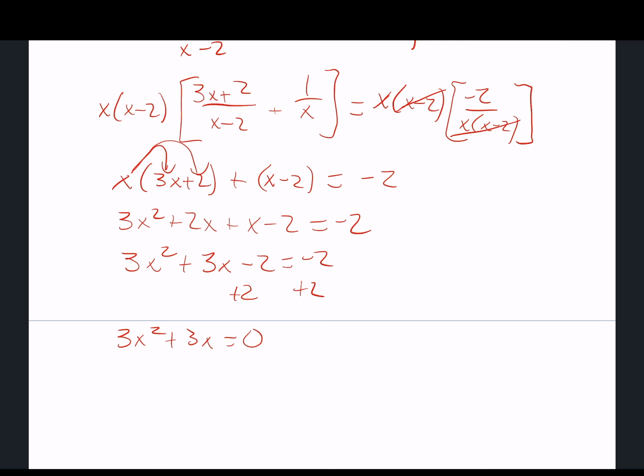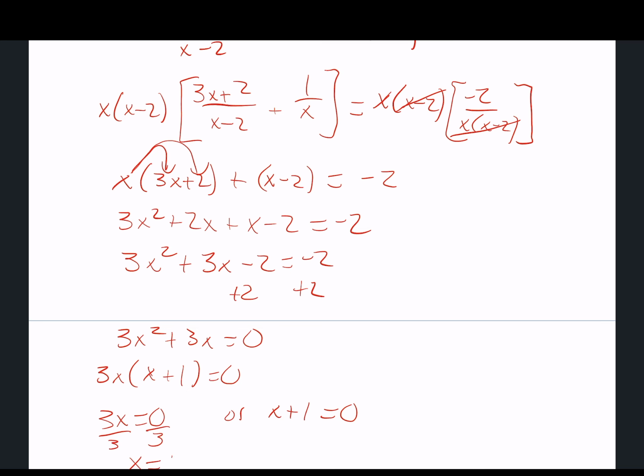Now we can simplify this further by factoring out a 3x. That leaves us with an x plus 1 equals 0. So either 3x is equal to 0 or x plus 1 is equal to 0. So we can divide both sides by 3 on the first equation.